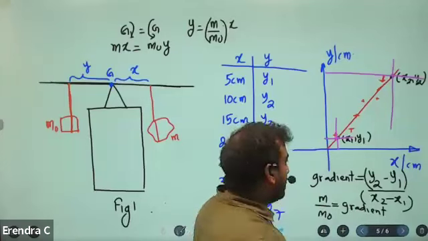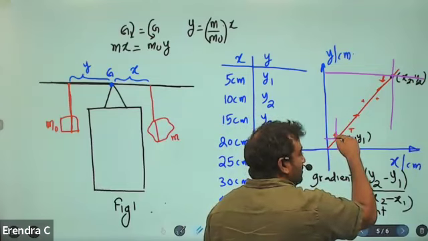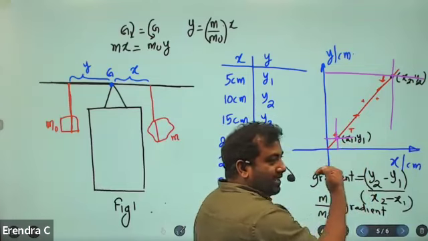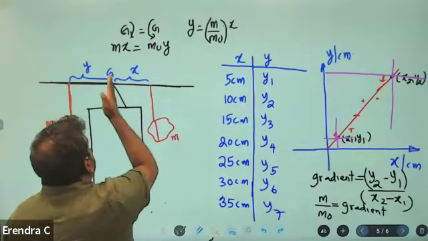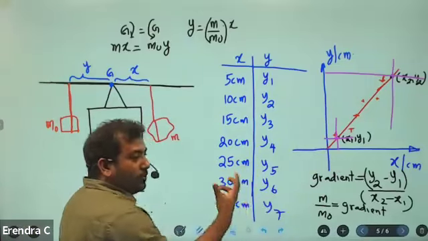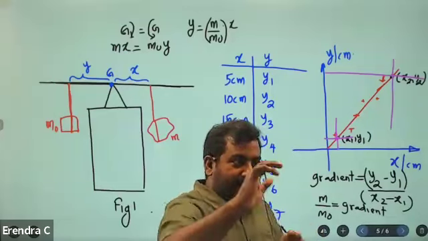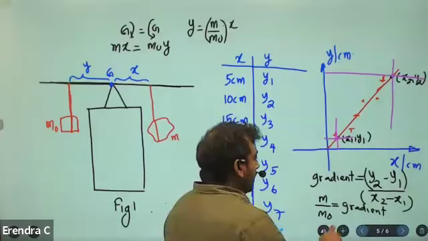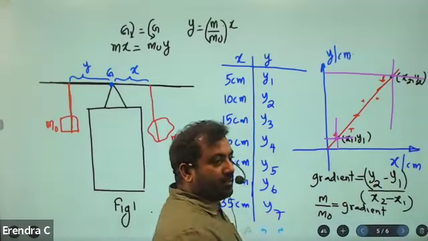Reason being, take a point where the point that you found is very close to the line. 0, 0 is not a point where you place. So my advice is take a point which is on the line and also far away. Find the gradient. From the gradient, you can find the unknown.